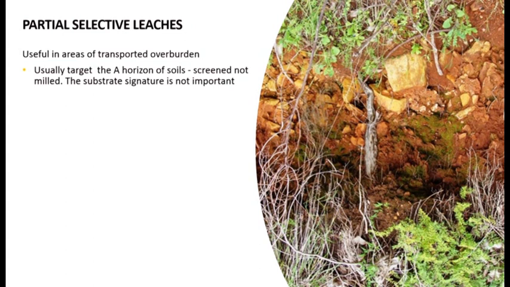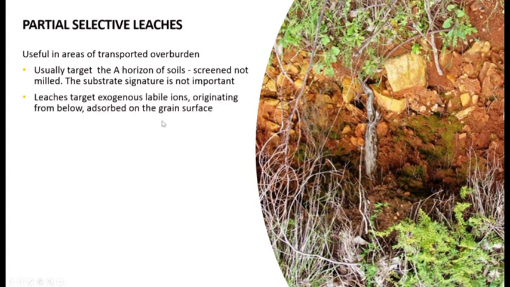The substrate can be something that's moved in, for example, laterite might have moved in from somewhere else, till, or for example, Aeolian sand, and the ions make their way through the substrate and they coat the grains, so goes the theory. And what we do is we're not interested in the chemistry of the substrate, we're just interested in the chemistry of what's actually on the surface, the exogenous labile ions.